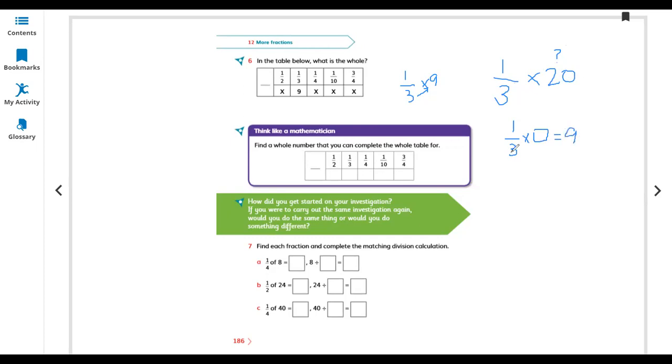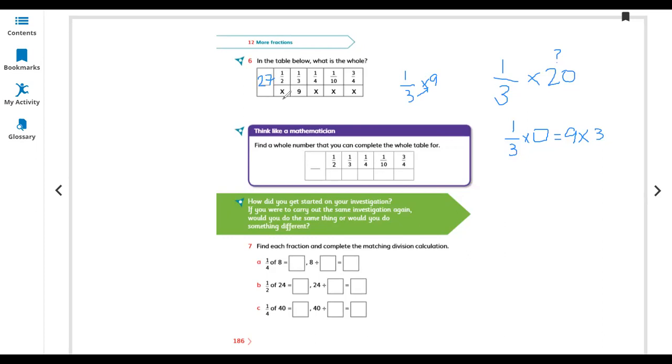So here 3 divides. When anything is divided on the left side of the equal sign, when moving to the right side, it changes into multiply. So 3 comes here and multiplies with 9. So it's coming 27. So the whole number is 27.